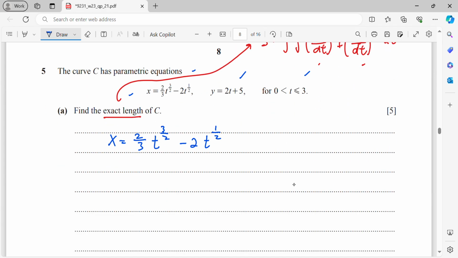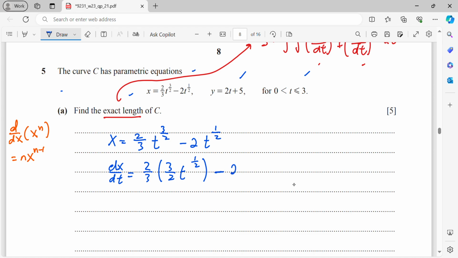So now my dx/dt, I will write 2 over 3. You bring down the power of 3 over 2, the power of t. Okay, so when you differentiate, you always bring down the degree. Differentiate x to the power n, that is n x to the power n minus 1. So here, I will bring down the 3 over 2, then 3 over 2 minus 1 is half.